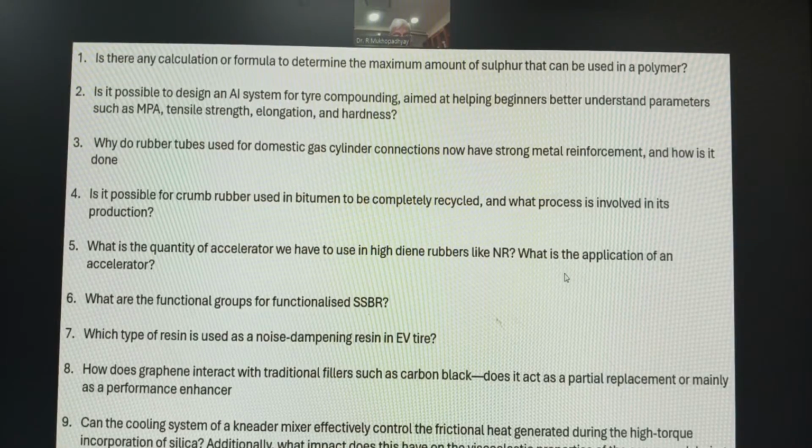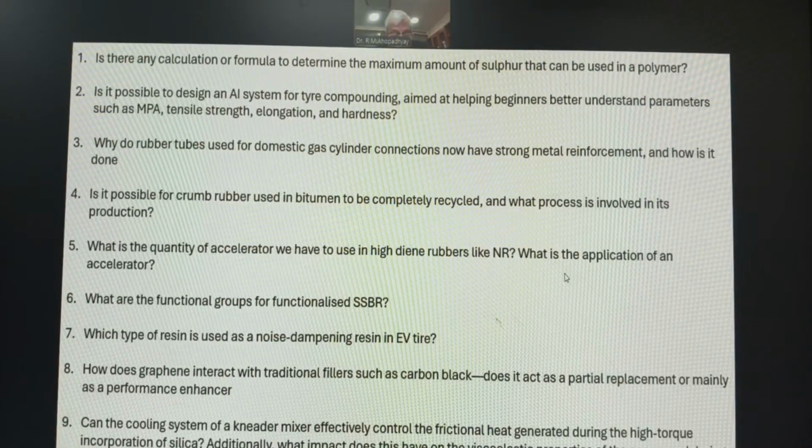What is the quantity of accelerator we use in high diene rubber like NR? It is very clear, depending on the NR, you have a conventional system. Generally, sulfur we use about 2 to 2.5. Accelerator generally about 0.6 to 0.8 maximum, if it is a sulfonamide accelerator.